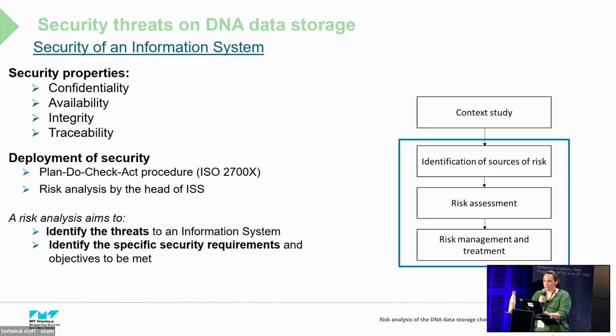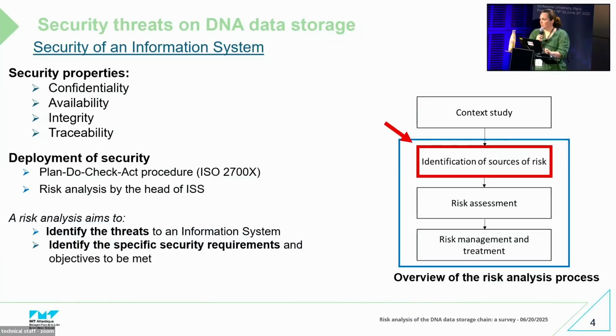The first step is a context study, which establishes a global scenario to characterize the information system, with several actors, assets, and data flows. Then sources of risk are identified, those are the possible attackers and their objectives.